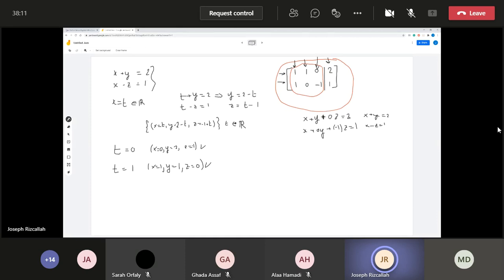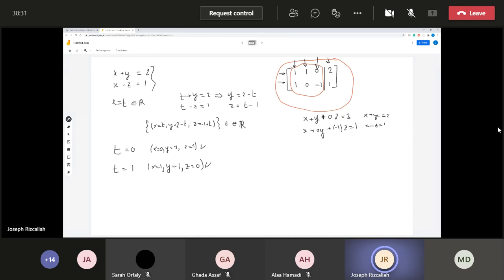So what I'm trying to tell you here is the following: if you are given a system of equations, you can always represent it using the augmented matrix, and vice versa. Given the augmented matrix, you can always use it to reconstruct the system of equations.